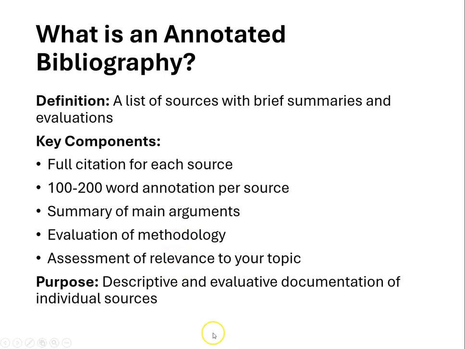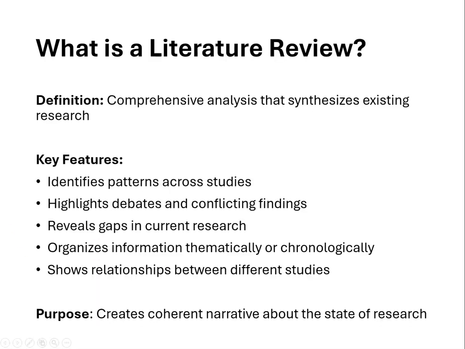The purpose is basically a descriptive and evaluative documentation of individual sources. So what is a literature review? A literature review is a comprehensive analysis that synthesizes existing research. In theory, you could use your annotated bibliography as a stepping off point to create a lit review.